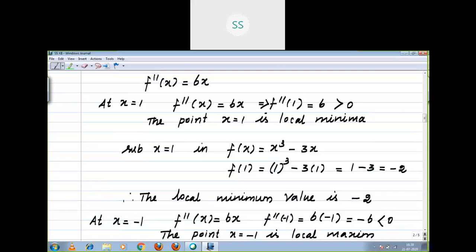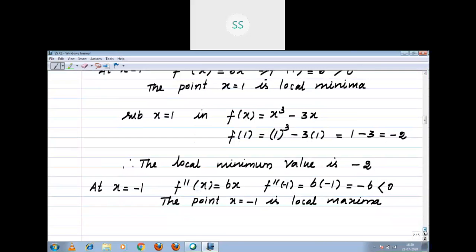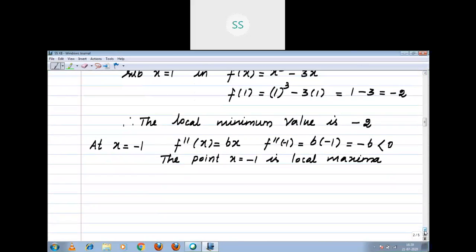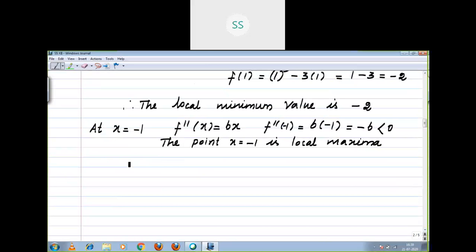If you say local maxima, it means you can find only the local maximum value. How to find the local maximum value? You have to substitute the x value in the given function. X is equal to minus 1 in f of x equal to x cube minus 3x.